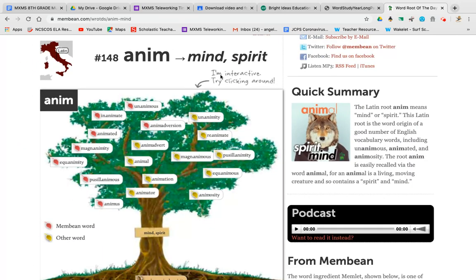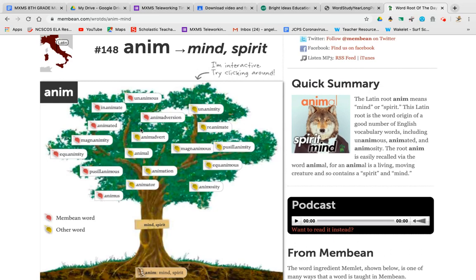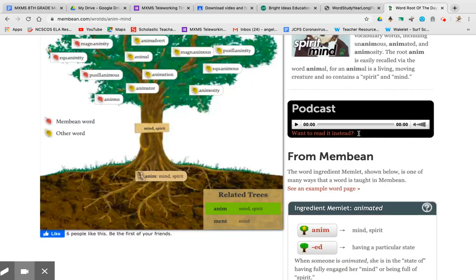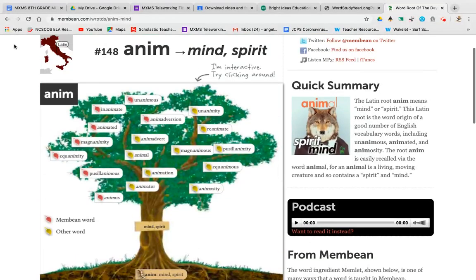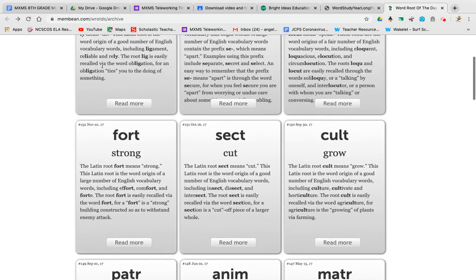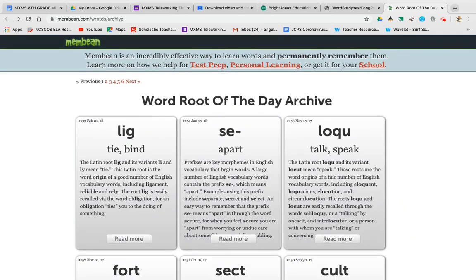So, pretty cool, right? You got your quick summary. Remember, it'll read it to you in the podcast. It's pretty awesome. It even has a map that shows you where the word evolved from.